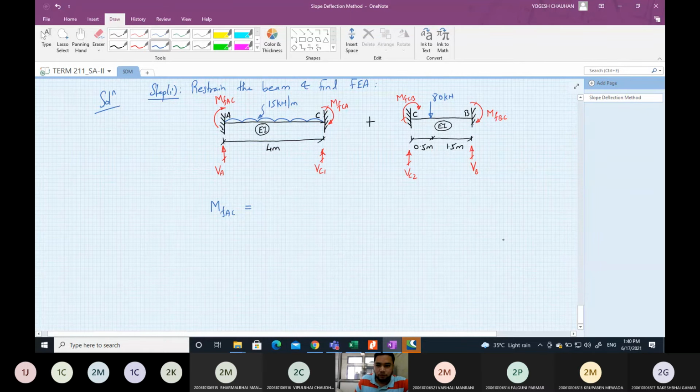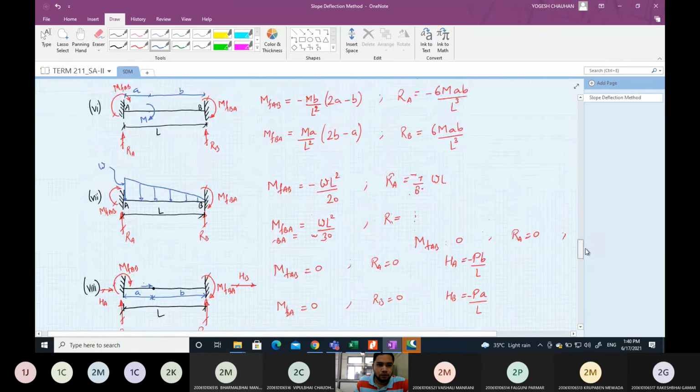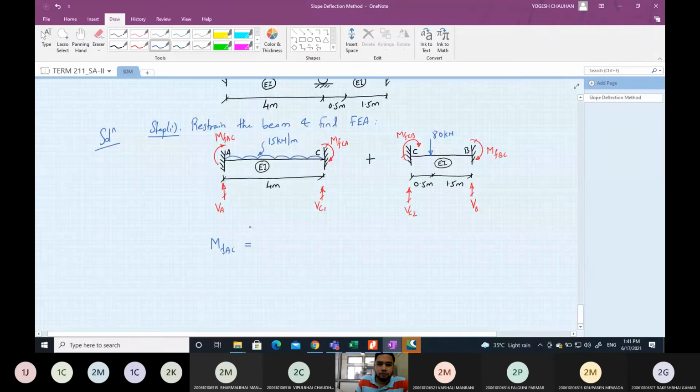The formula for a fixed beam with UDL is MF AB is minus WL square by 12 and MF BA is plus WL square by 12. So in this case it will be minus 15 into 4 square by 12.